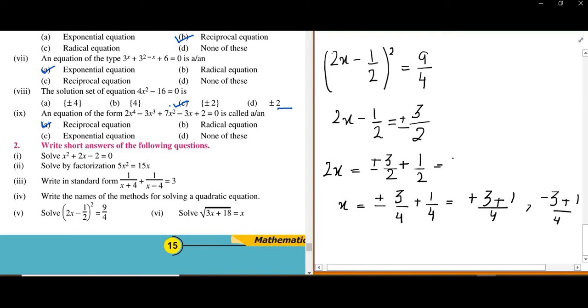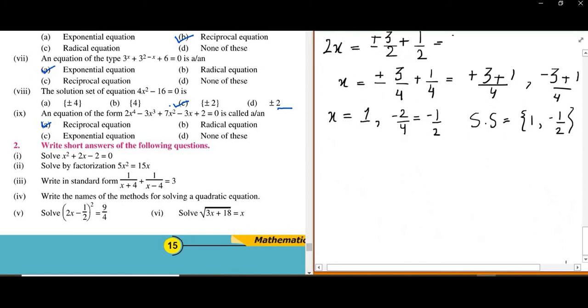So x equals plus 3 plus 1, 4 divided by 4 is 1, and the second is minus 3 plus 1, which is minus 2, and minus 2 divided by 4 is minus 1 by 2. So the solution set is 1 and minus 1 by 2.